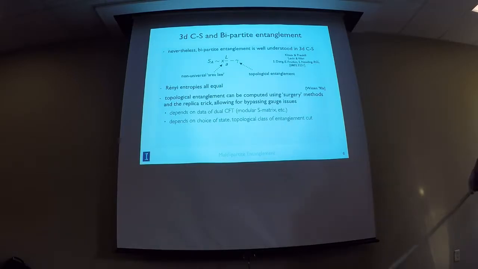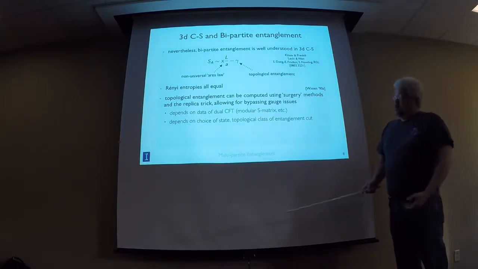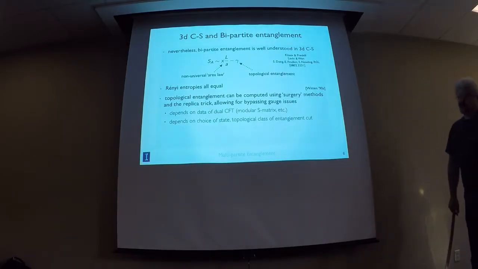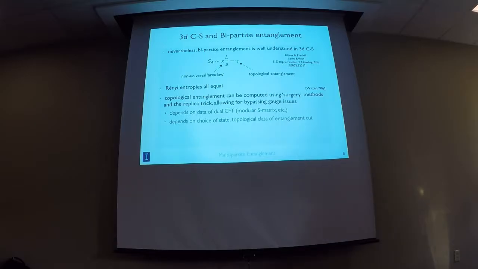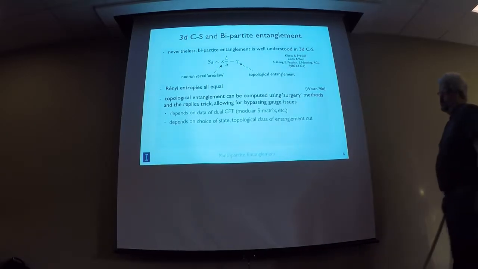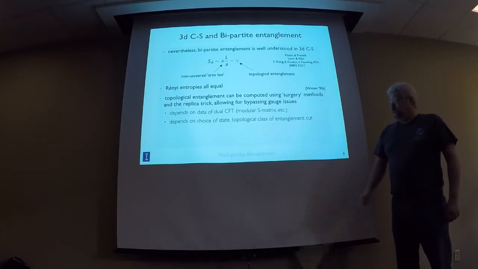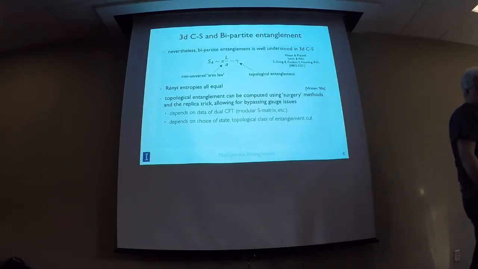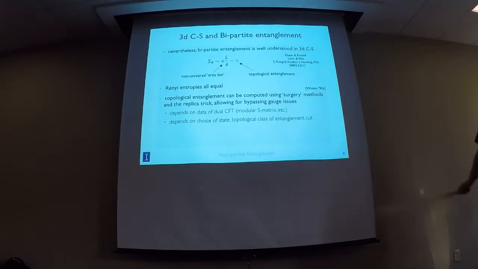But it also depends on the state: in the case where the Hilbert space of the spatial slice is multidimensional, one has to choose a state in order to construct the density matrix, and the details depend on that choice of state. And it also depends on precisely how you cut the Riemann surface.